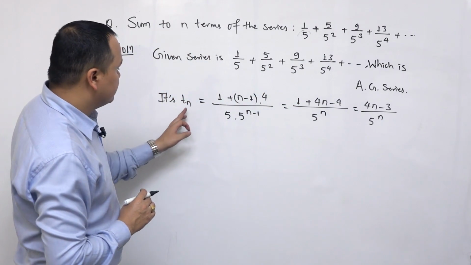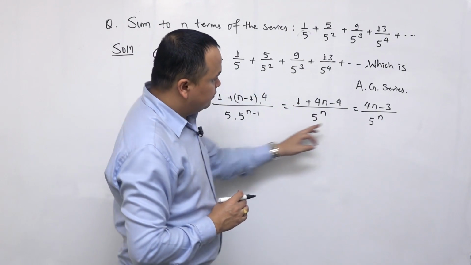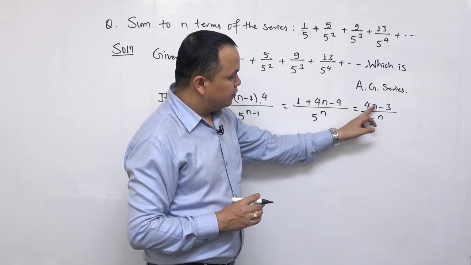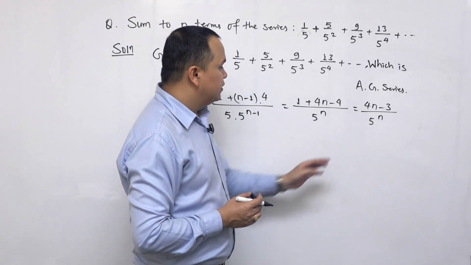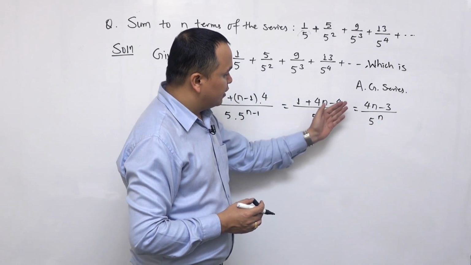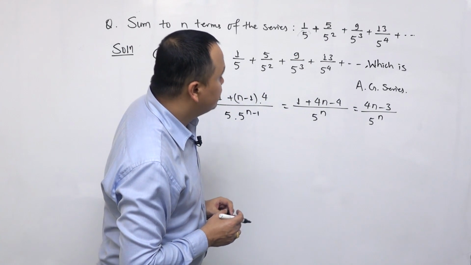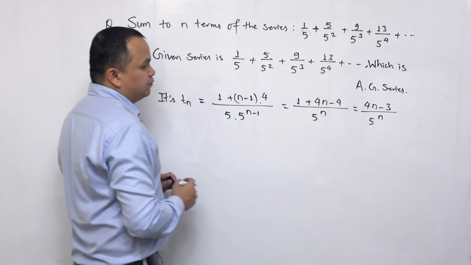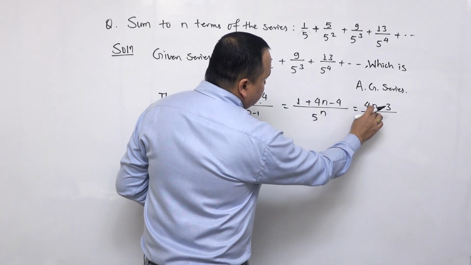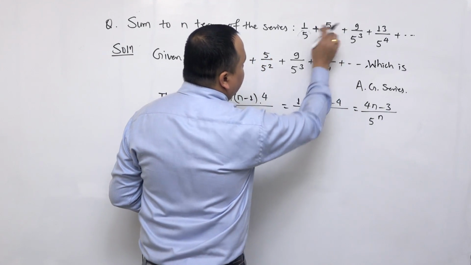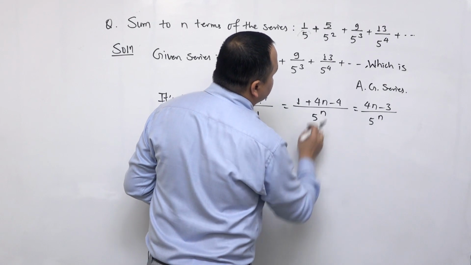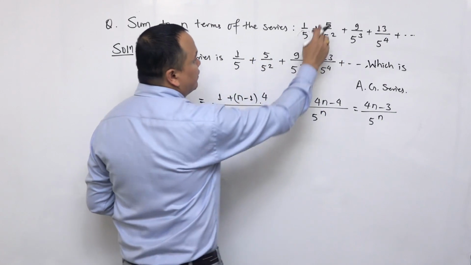If we put n is equal to 1, then it gives 4 into 1 minus 3, just 1, upon 5 to the power 1, which is 1 upon 5. Our t1 is 1 upon 5. Similarly, if we put n is equal to 2, 4 into 2, 8 minus 3, which is 5 upon 5 square. Our t2 is 5 upon 5 square.